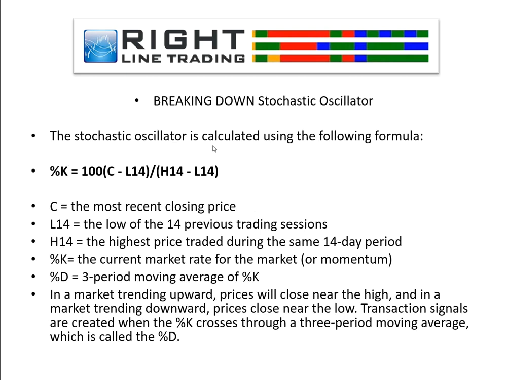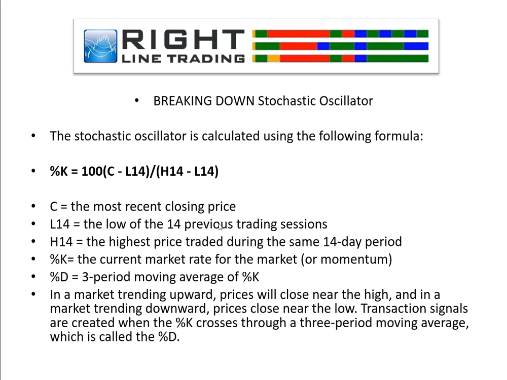Now, I just want to show you really quickly what the stochastic oscillator is doing when it creates its percent K. It's important for you to understand what an indicator is doing if you use it. It looks at the most recent closing price and compares it to two moving averages: the L14, which is the average low of the previous 14 candles or trading sessions, and the H14, which is the average high of the previous 14 candles or trading sessions.